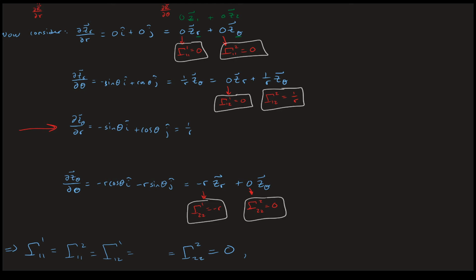And that's 1 over r z theta, which is 0 z r plus 1 over r z theta. There we go. So that gives me gamma 211 equals 0, and here gamma 212 equals 1 over r. There we go. That's the relationship I needed.